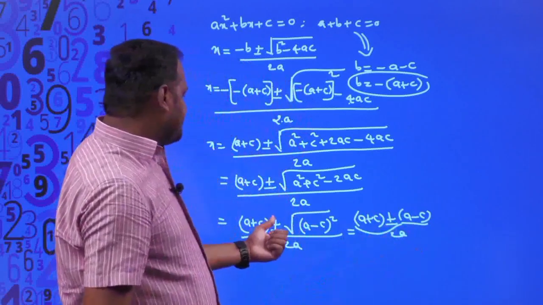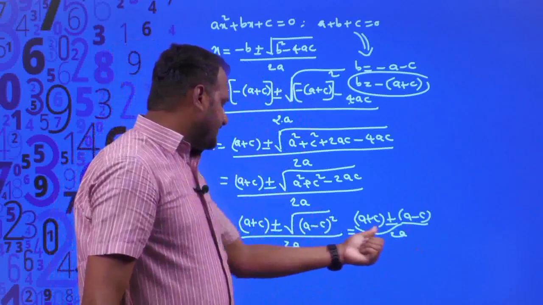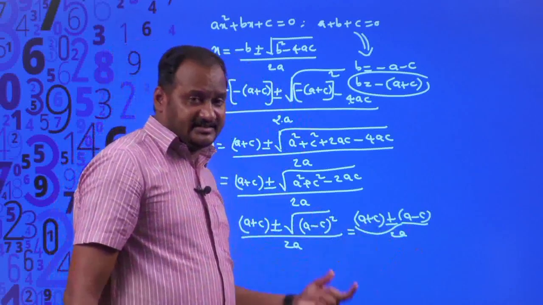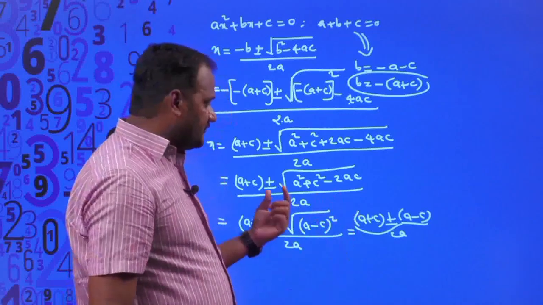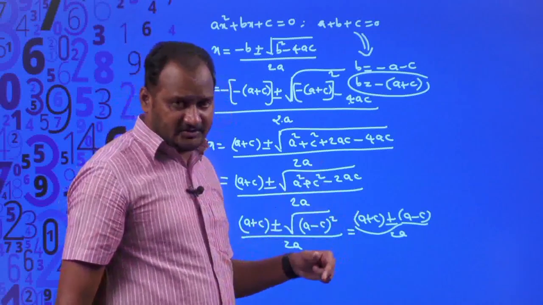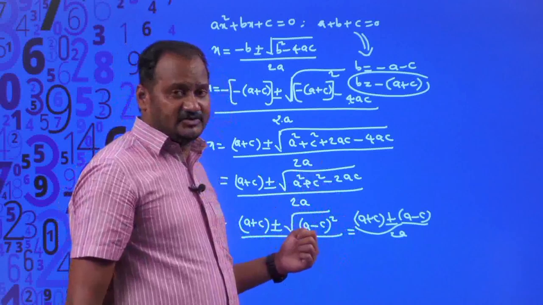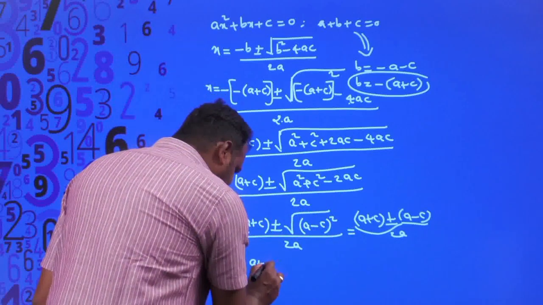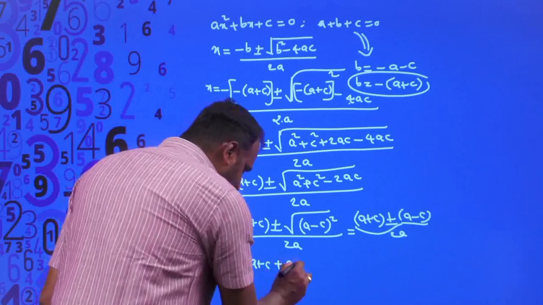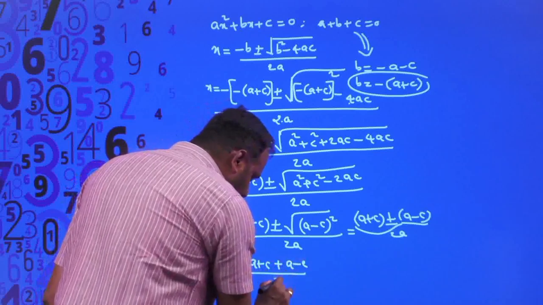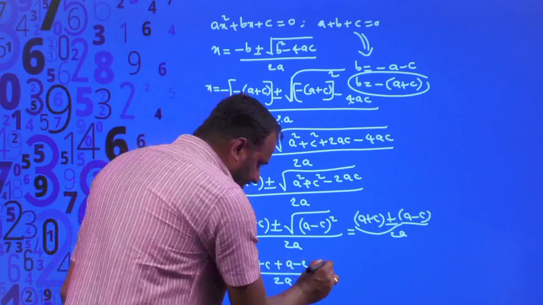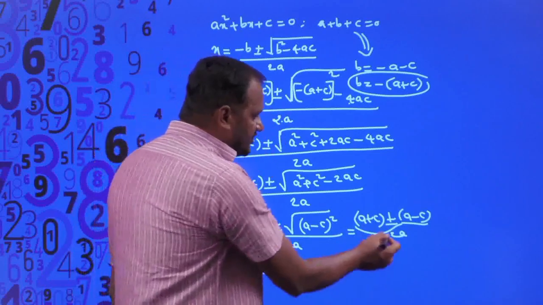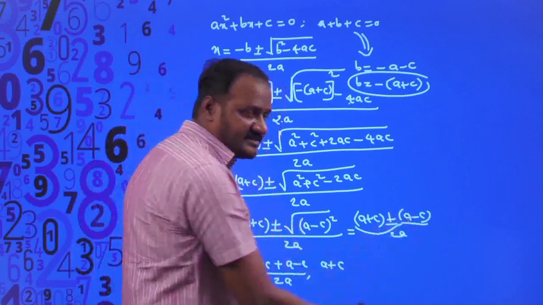See, a plus c plus or minus, square root cancel, remaining a minus c, that a minus c divided by 2a. There are two signs, that is positive and negative. Now, for one root use positive and for the other root use negative. Therefore, it is going to be a plus c plus a minus c whole divided by 2a, and the other one is a plus c, now minus. When you use minus, you should keep the bracket, that is minus of a minus c.